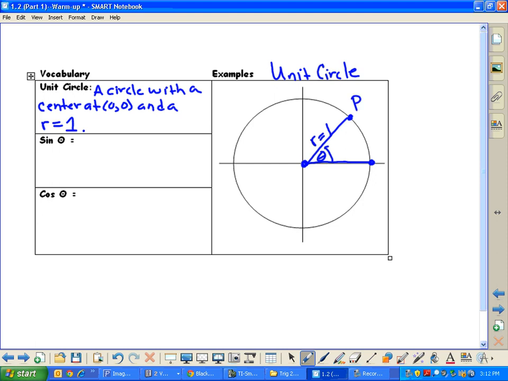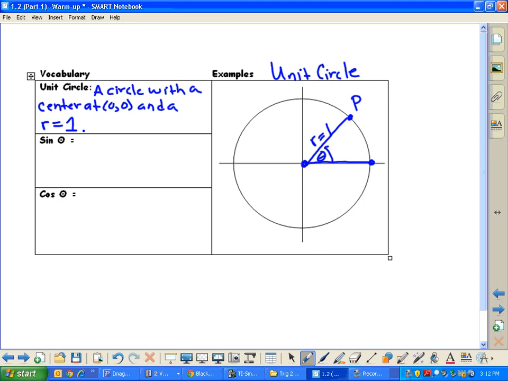I've drawn point P. This radius stops rotating at point P right there, and that point does have a coordinate associated with it. But let me not get too far ahead of myself.